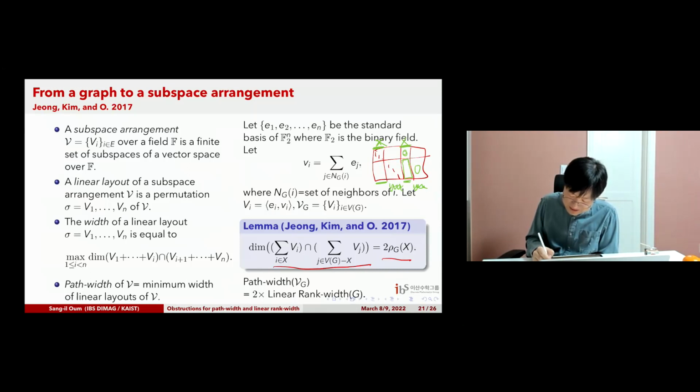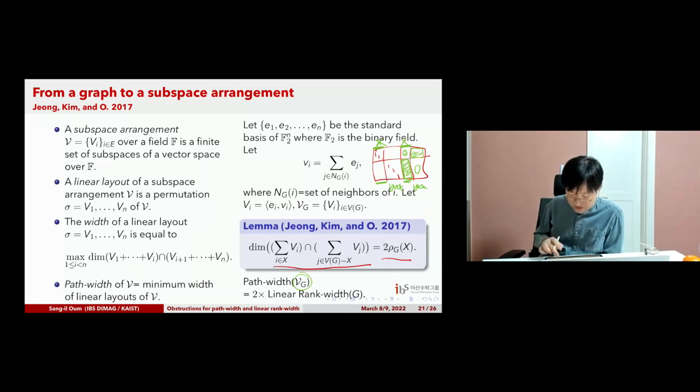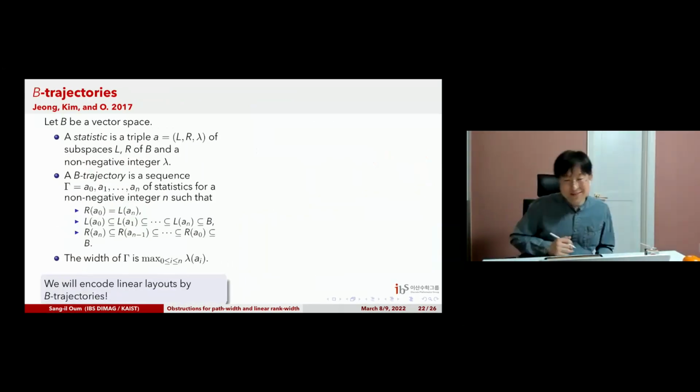So the rank of this matrix plus the rank of that matrix. But these are symmetric, so the rank of that is a cut rank. So this plus that is twice the cut rank. That's how we have these relations. So if I have this canonical subspace arrangement from graphs, then the path width is exactly twice the linear rank width. That's how we get vector spaces.